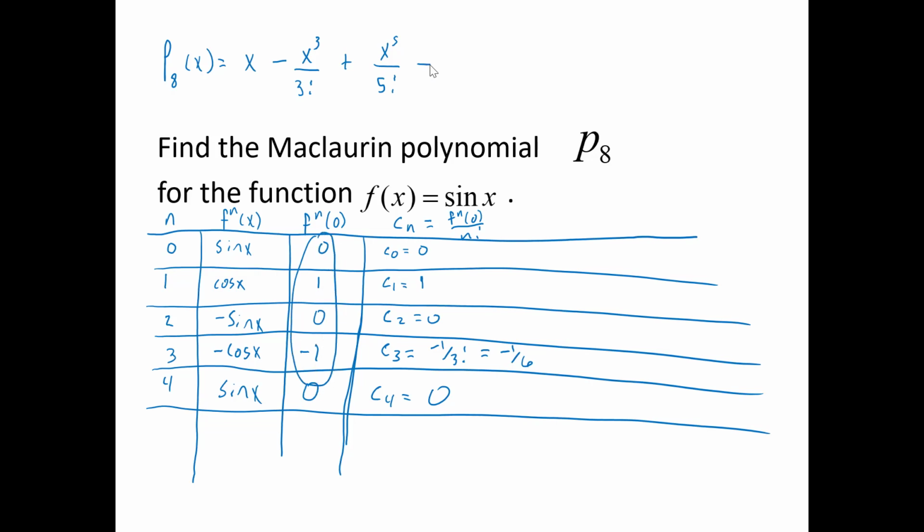The next one will be minus x to the seventh, and you're either going to get 0 or 1, so then this will just be 0 factorial. And then plus x to the, then you're going to get a 0, so this is it. The eighth coefficient is 0. And again, it's very important to keep in mind what's the point of this. The point of this is that this is approximately the sine of x.